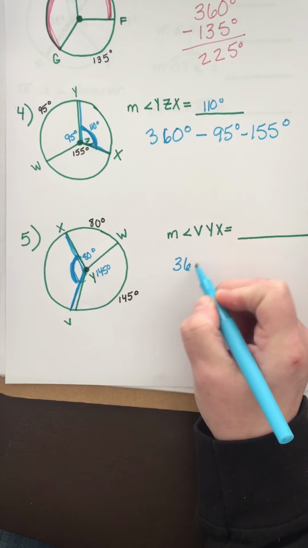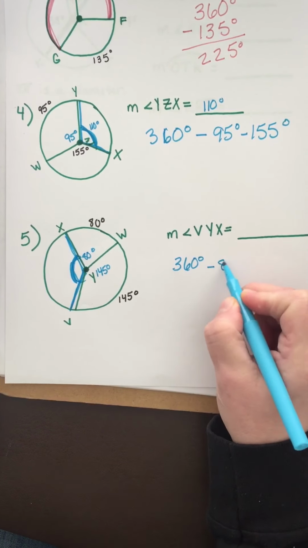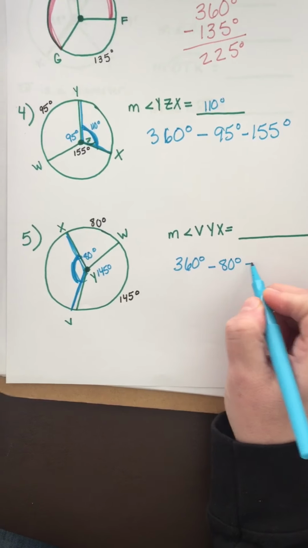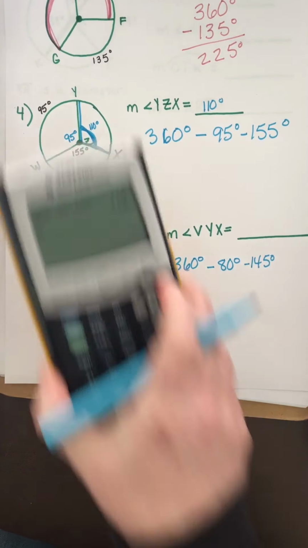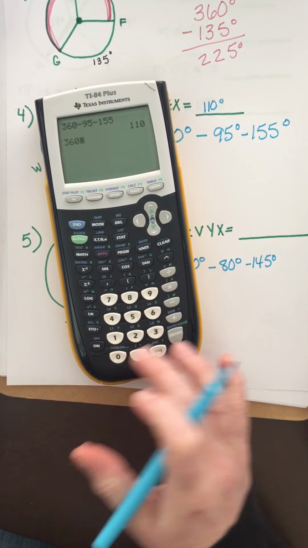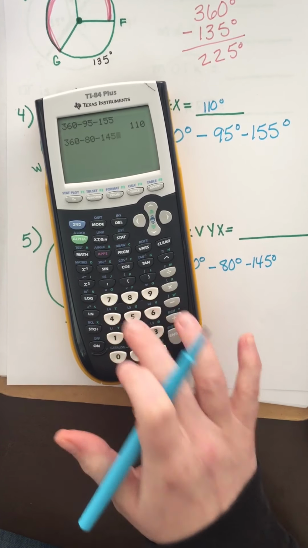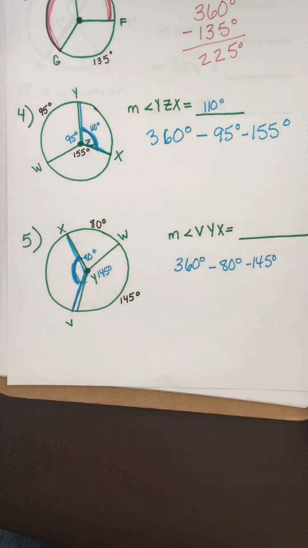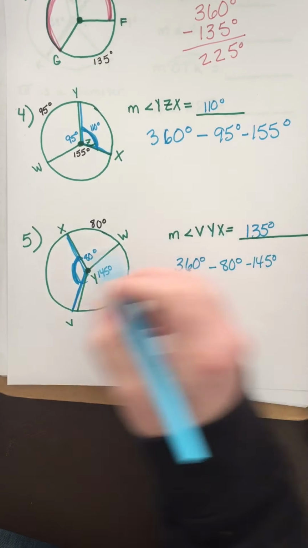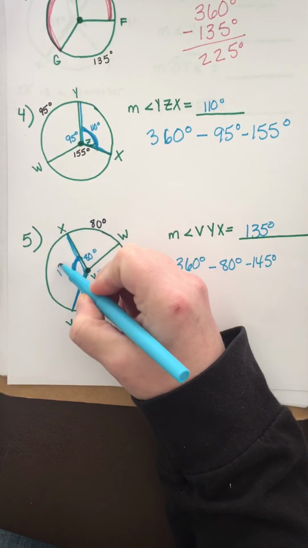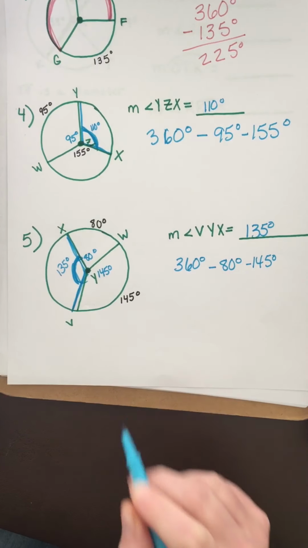So I would just need to do 360 degrees minus 80 degrees and minus 145 degrees. So 360 minus 80 minus 145. And we get 135 degrees. So the measure of this angle would be 135 degrees.